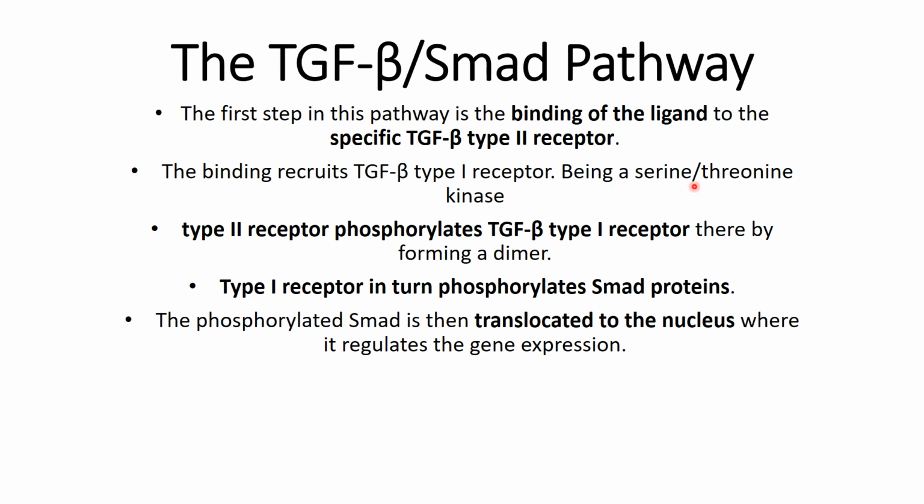Being a serine threonine kinase, the type 2 receptor phosphorylates TGF beta type 1, thereby forming a dimer. Type 2 and type 1 become a dimer. The type 1 receptor in turn phosphorylates SMAD protein. The phosphorylated SMAD protein is then translocated to the nucleus where it regulates gene expression.